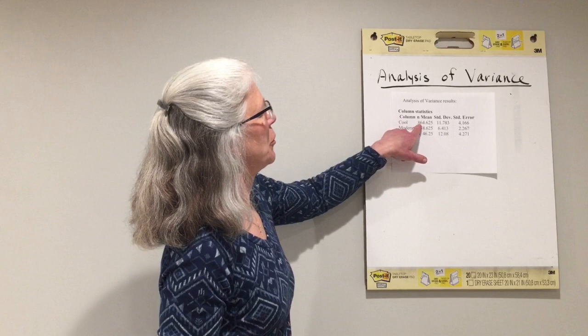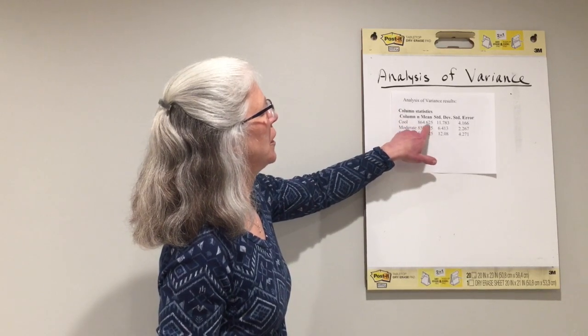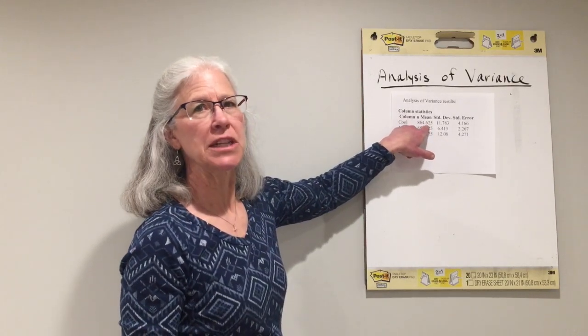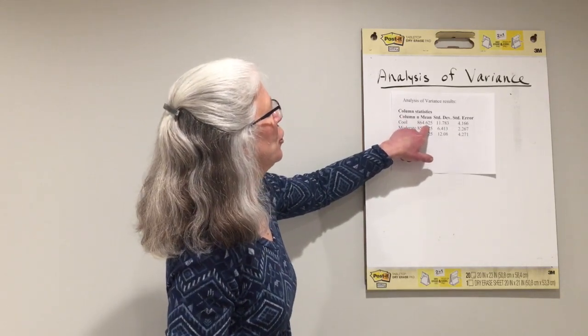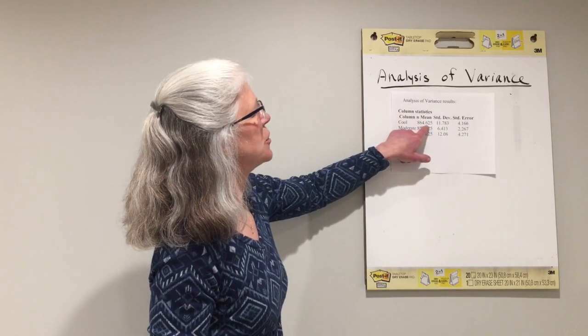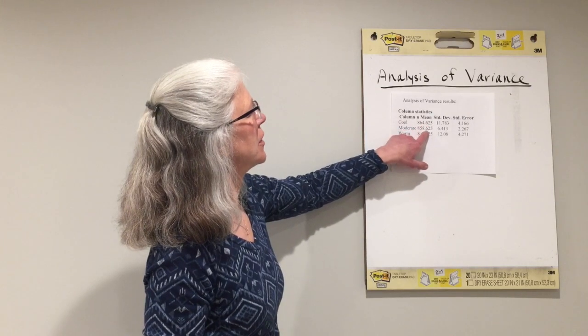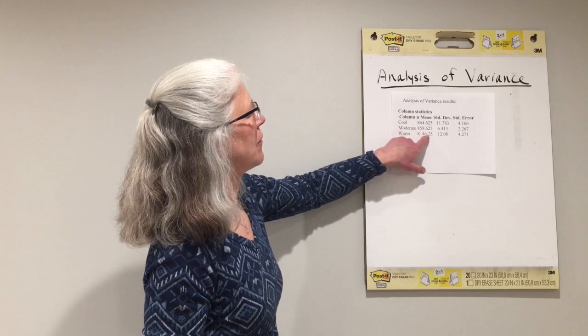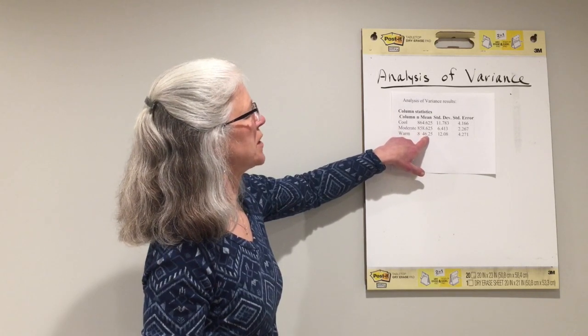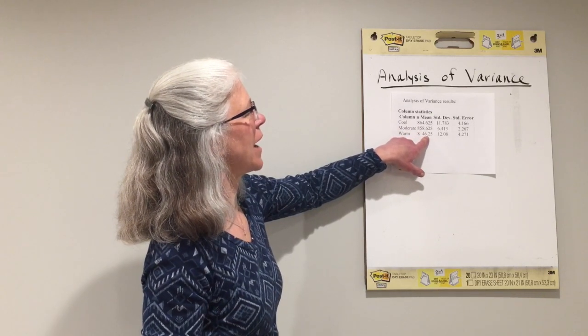The next thing is the sample size, 8 in each group. The next is the mean number of genes that group made. So the cool group made 64.625 genes on average. The next group made 58.625 genes on average, and the warm group only made 46.25 genes on average.